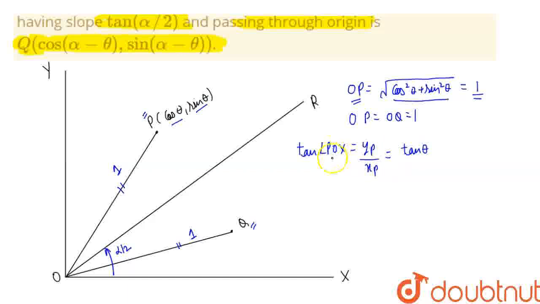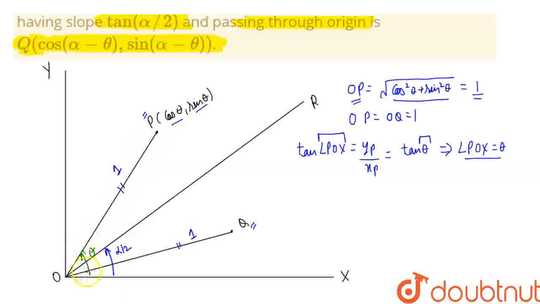So from this equation we can conclude that this angle POX would be equals to this angle theta. So we concluded that angle POX is equals to theta. This angle POX we have computed as theta.